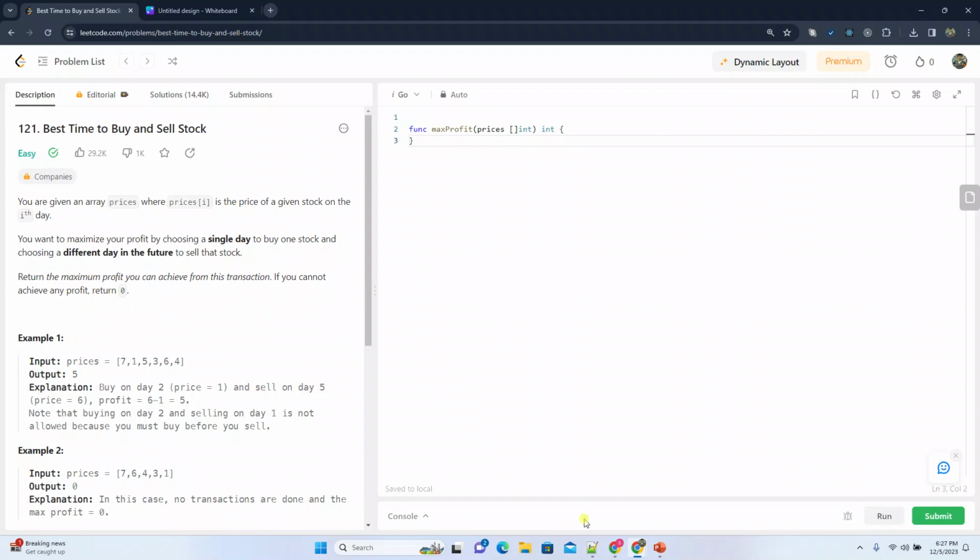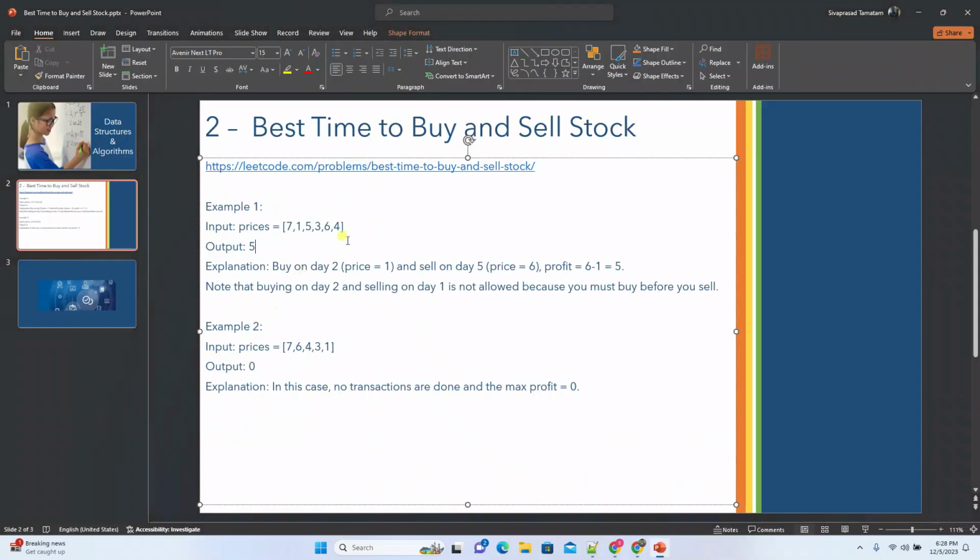Now let us see the examples and try to understand. Example one is prices 7, 1, 5, 3, 6, 4. We start from 7 and see the minimum: we can buy on the second day and sell on the fifth day. 6 minus 1 is 5.